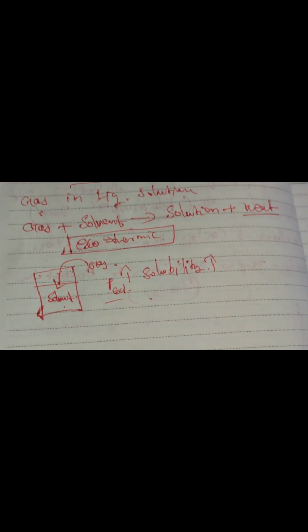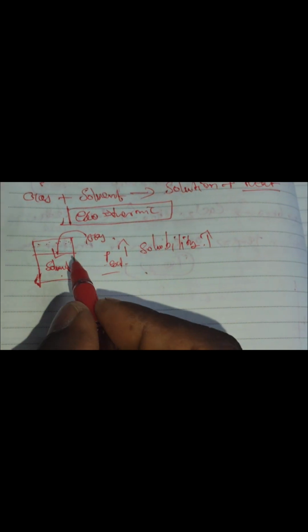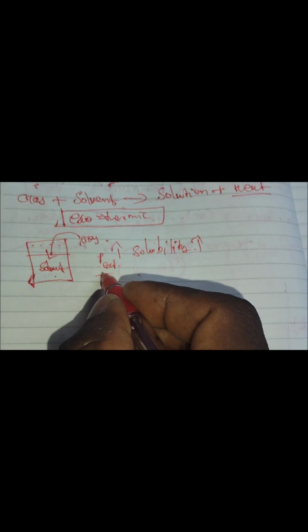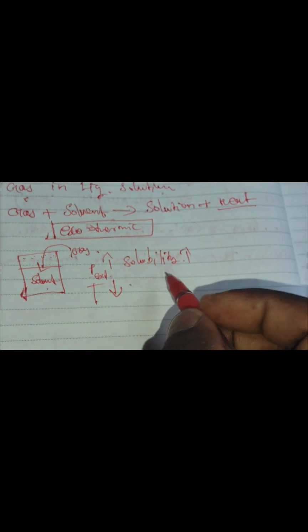In another case, if the system is exothermic, thermal energy is removed from the system, so the temperature decreases and the solute is more easily dissolved.